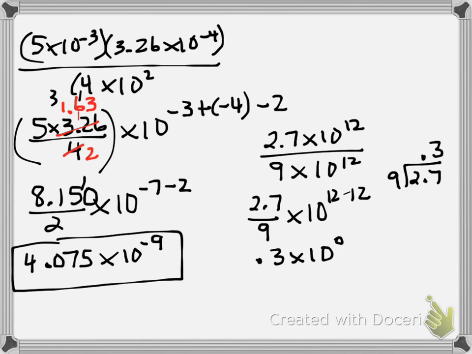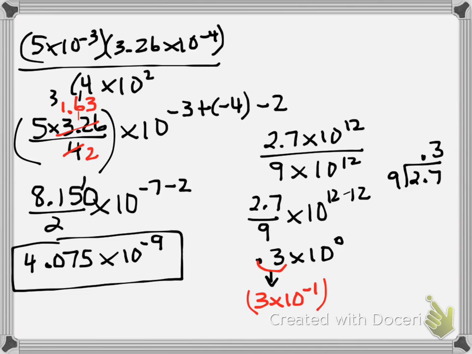But the issue is my coefficient doesn't meet standard scientific notation. It's not between 1 and 10. So what kind of number would I consider 0.3 to be? Very small, very large? Yeah, you see a decimal first. So that tells me when I rewrite this by moving the decimal point over one spot, it's going to give me a negative exponent. So just this portion is now rewritten as 3 times 10 to the negative first.